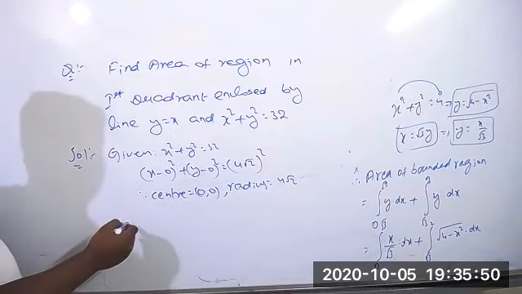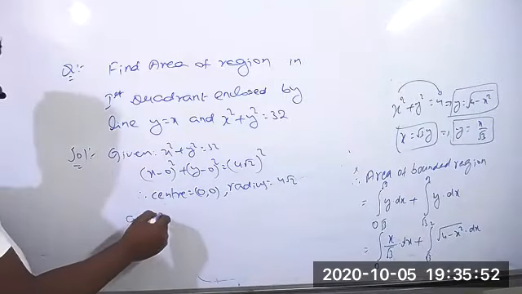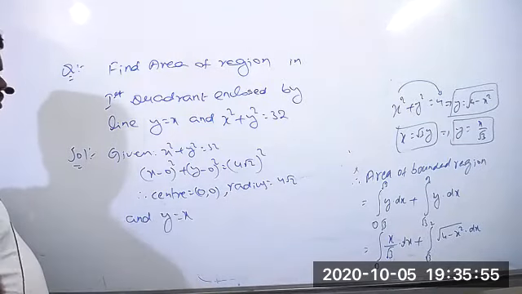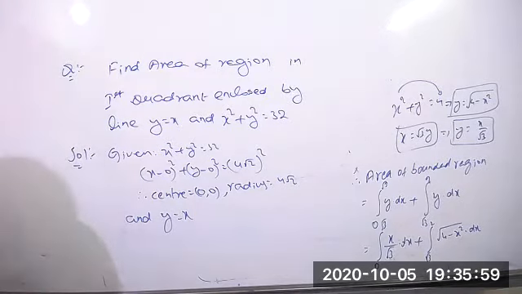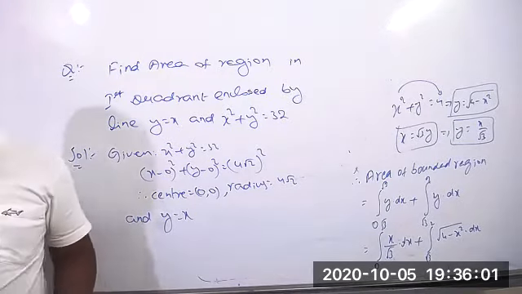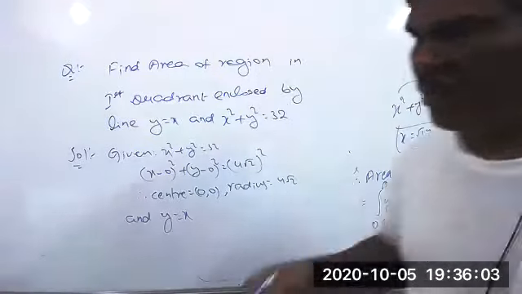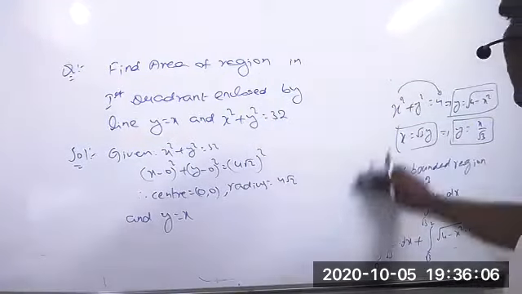And the line equation is y equal to x. This clearly passes through the origin. Now you can draw the line and the circle.